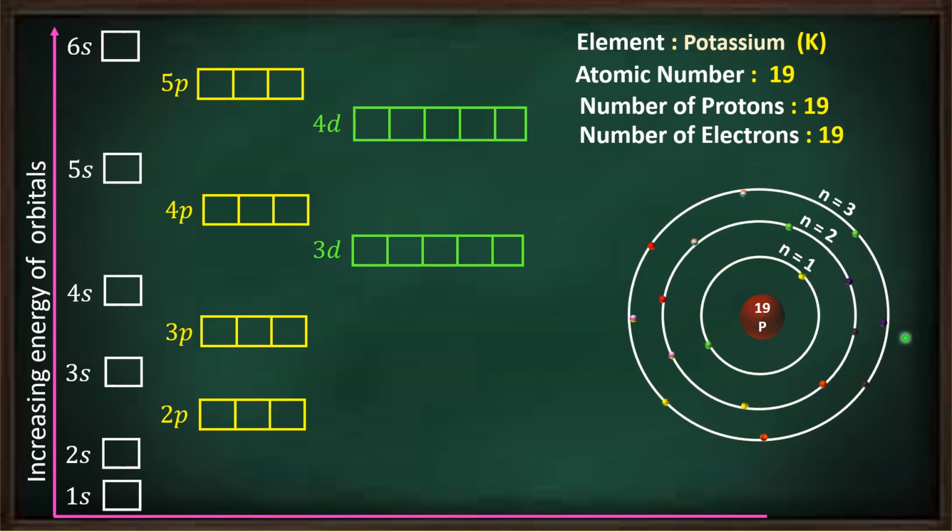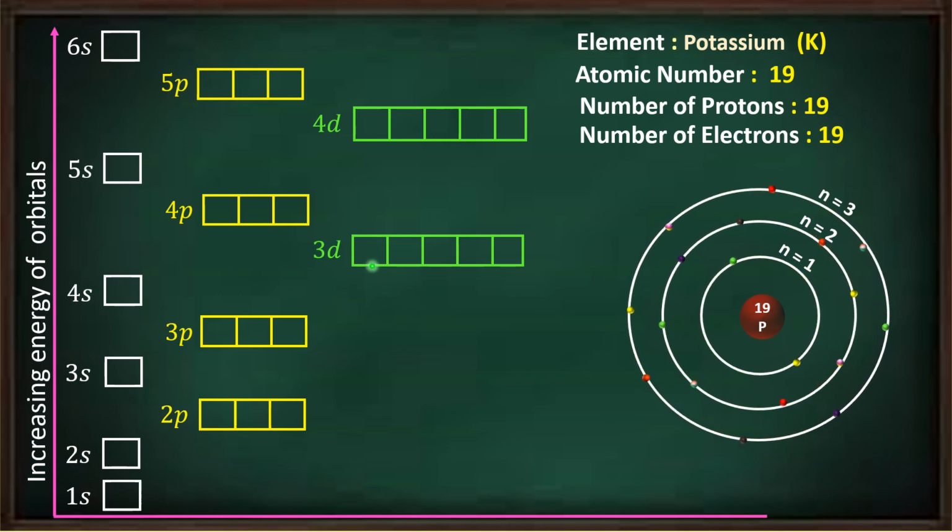Actually, third orbit can accommodate a maximum of 18 electrons. But in this case, once 3p orbital is completely filled, electrons will not enter into 3d.